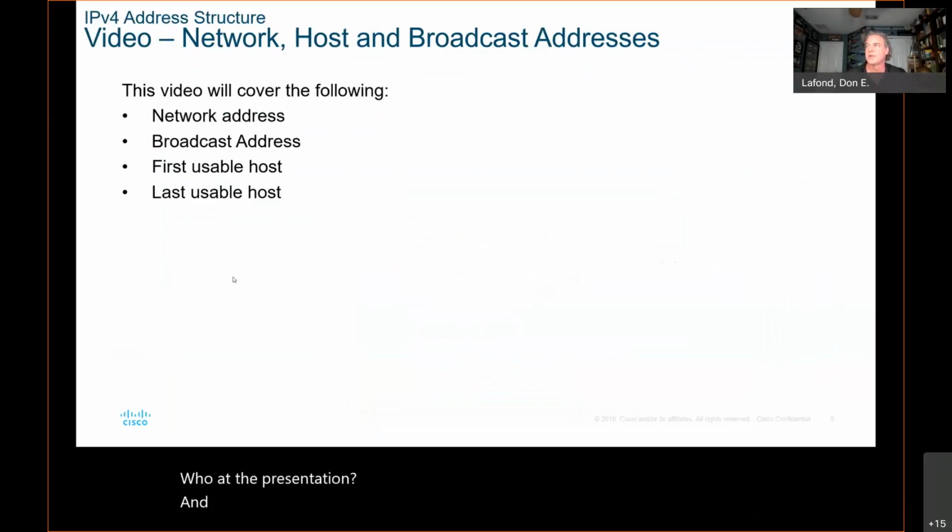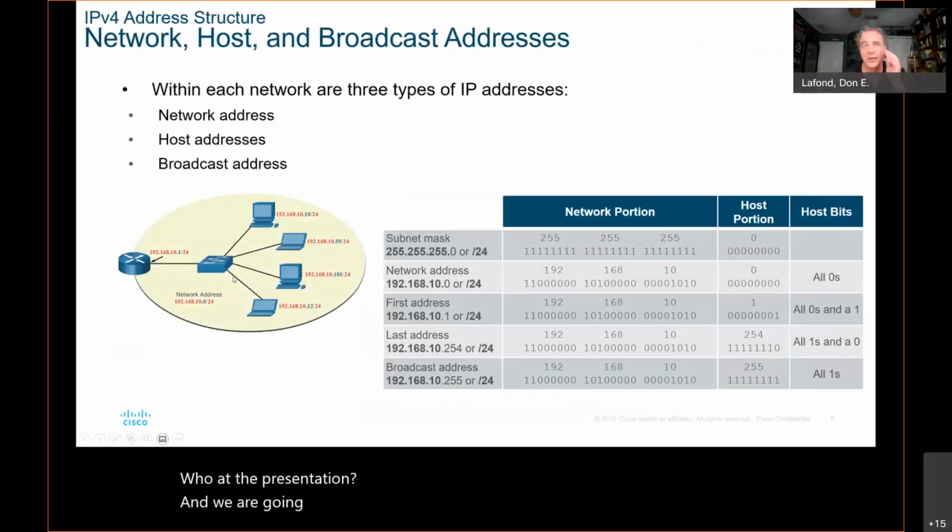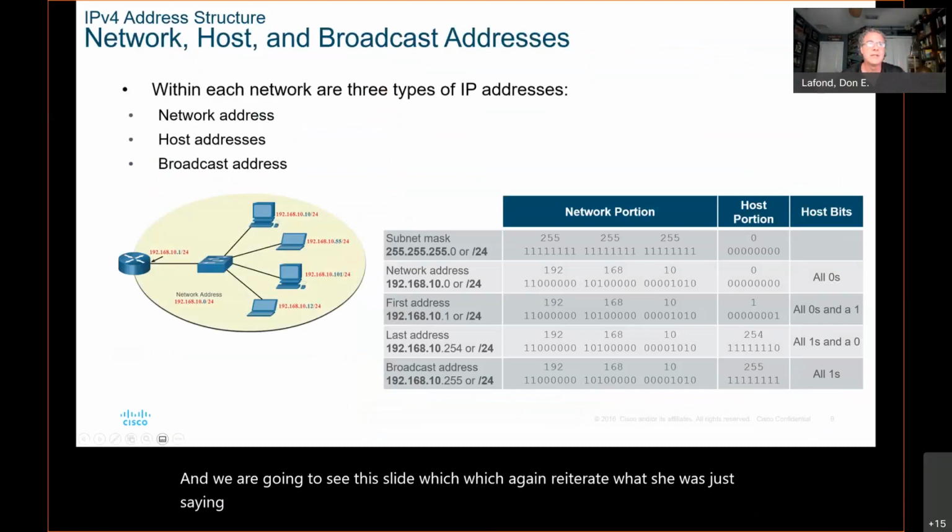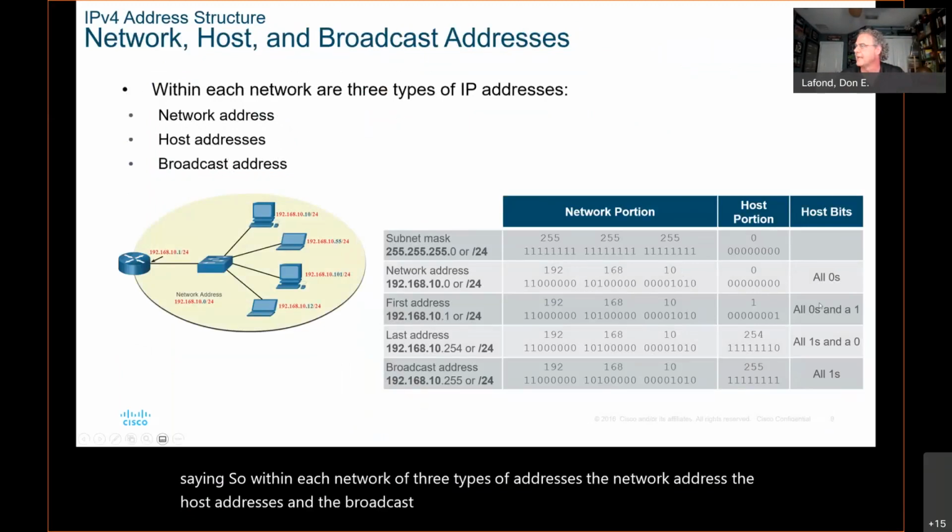We are going to see this slide, which again reiterates what she was just saying. So within each network are three types of addresses: the network address, the host addresses, and the broadcast address. And when you're looking at them, you can see here the 10 network is in each of these addresses.